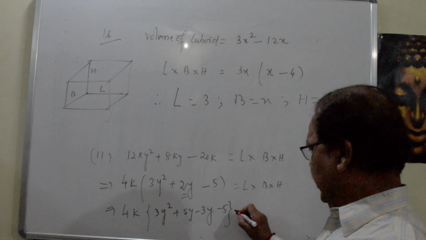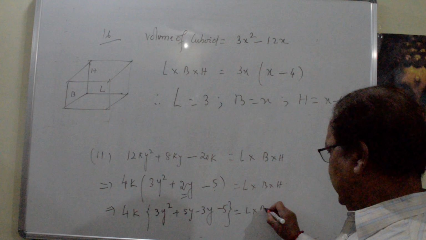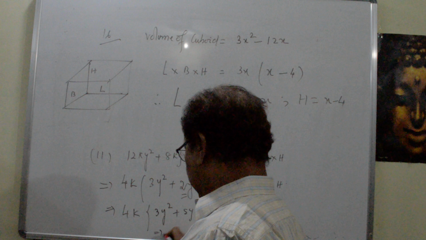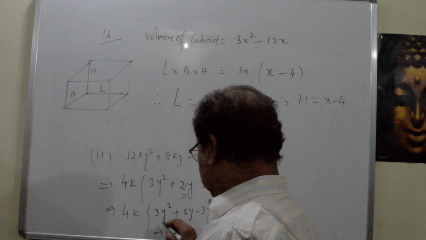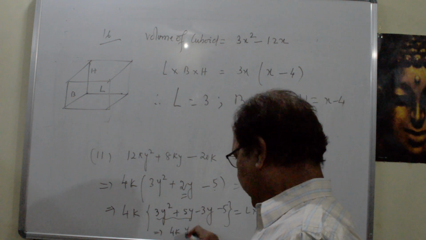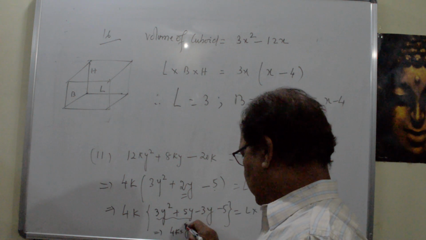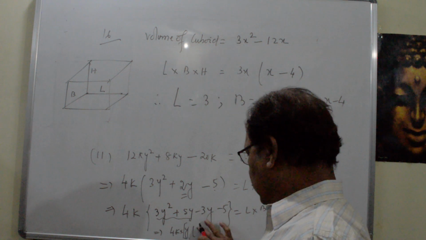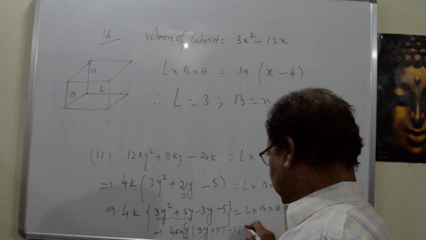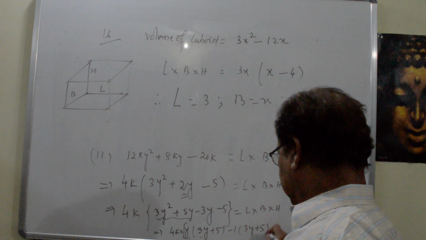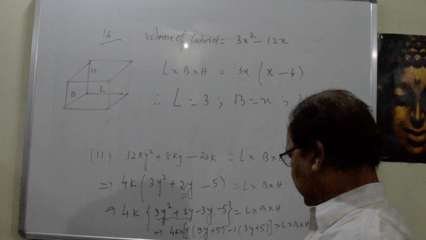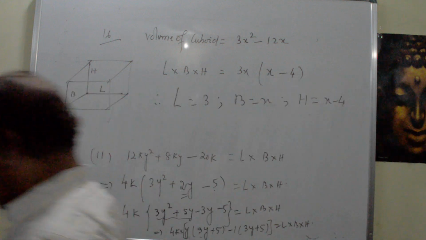Let us write it as length into breadth into height. 4k, take y common, so we are getting y into 3y plus 5 minus 1, 3y plus 5. So this is your length into breadth into height. Clearly I am writing the result here.